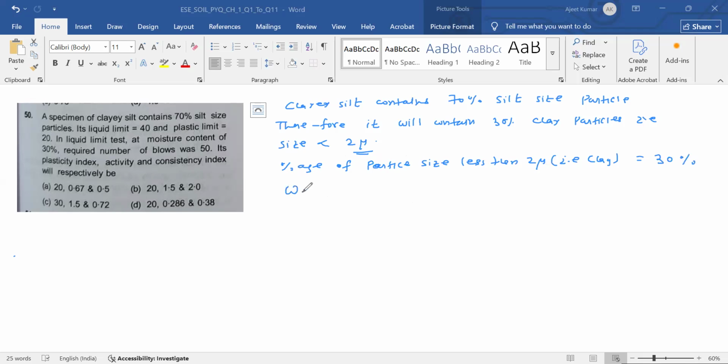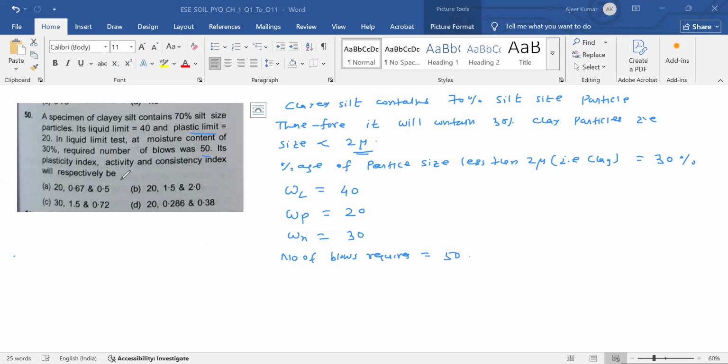Its liquid limit is 40, and plastic limit is 20. In the liquid limit test, at a moisture content of 30, the required number of blows is 50. Its plasticity index, activity and consistency?